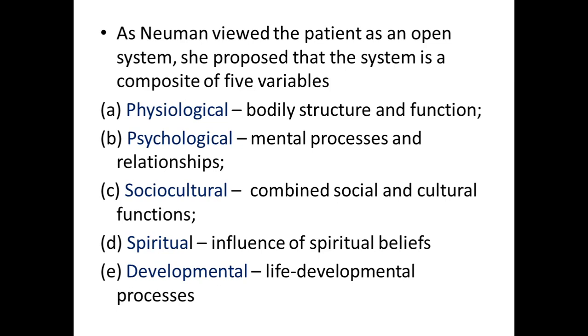So Newman told that the human system is composed of these 5 variables.